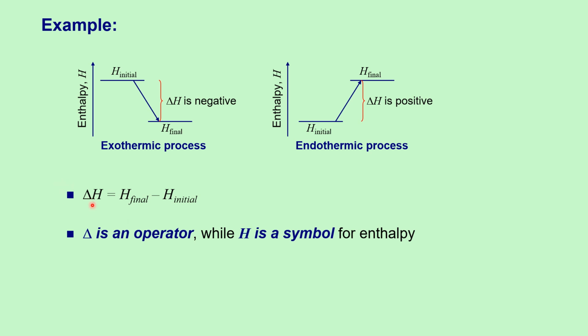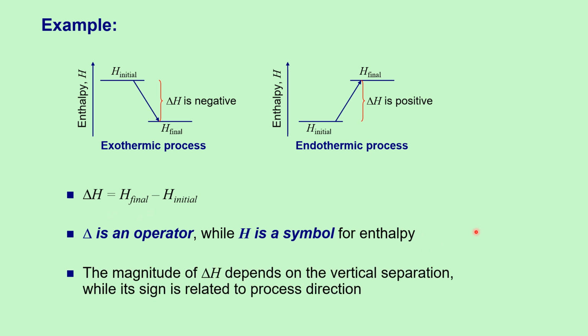If not, that means there is a specific condition where the enthalpy is measured. And the magnitude of delta H depends on the vertical separation. From this, you can know whether it will show negative or positive, meaning the direction is energy released or energy absorbed.